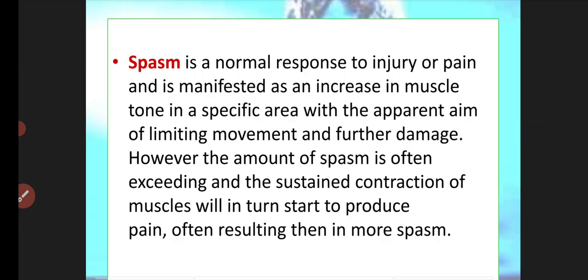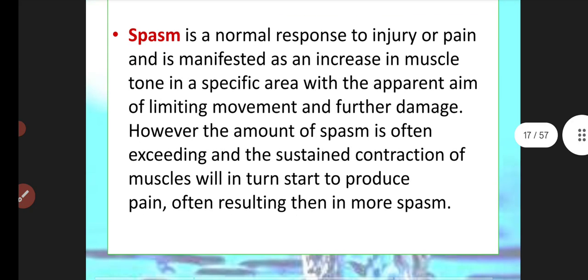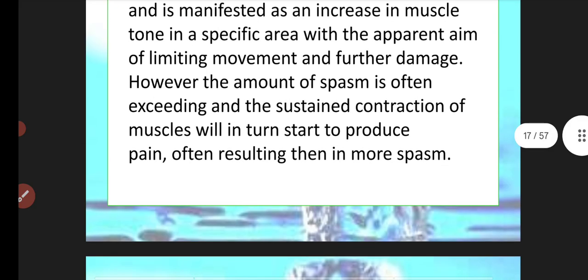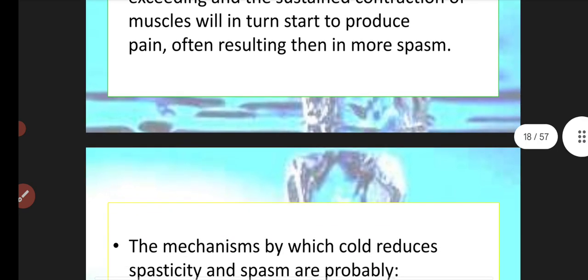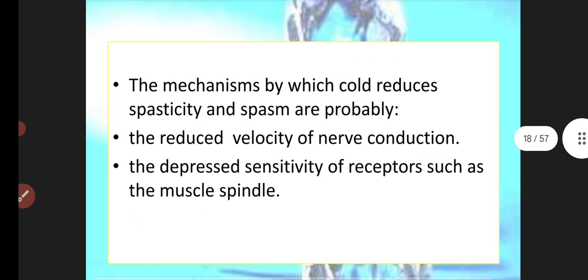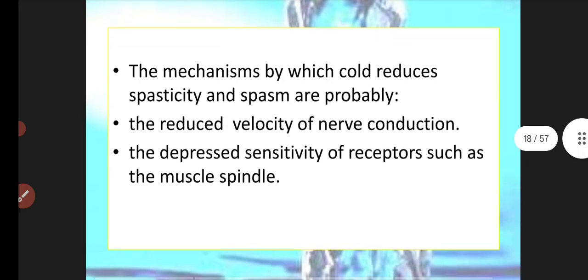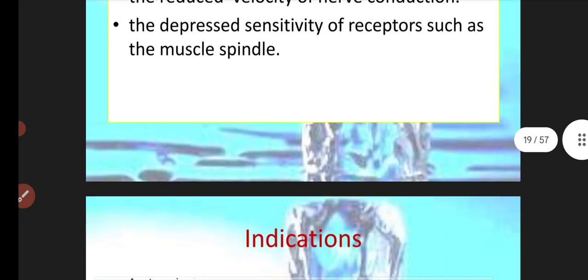It is a normal response to injury or pain and is manifested as an increase in muscle tone in a specific area, with the apparent aim of limiting movement and further damage. However, the amount of spasm often exceeds this, and the sustained contraction of muscles will in turn produce pain, often resulting in more spasm. The mechanisms by which cold reduces spasticity and spasm are probably the reduced velocity of nerve conduction and the depressed sensitivity of the receptor.